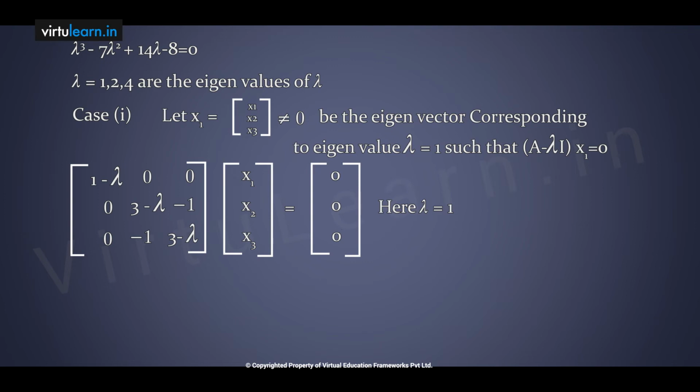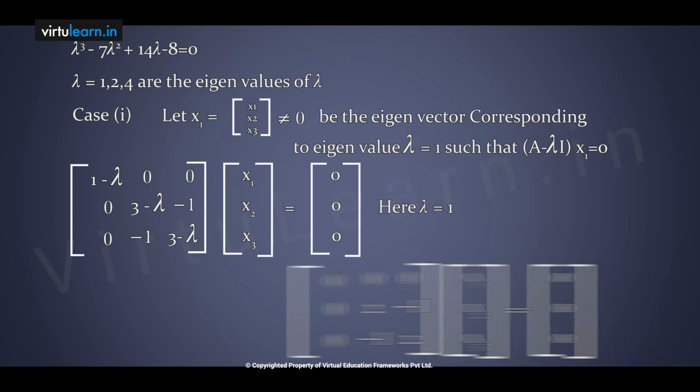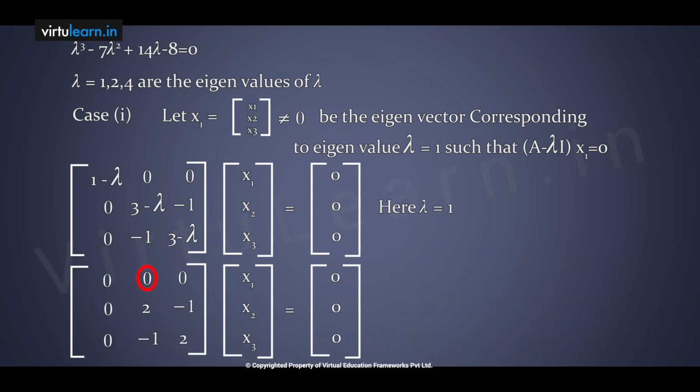Now substituting lambda equal to 1, it becomes 0, 0, 0; 0, 2, minus 1; 0, minus 1, 2, into vector x1, x2, x3 equal to 0, 0, 0. On multiplying these two matrices, we get the equations 2x2 minus x3 equal to 0, minus x2 plus 2x3 equal to 0. On solving, x2 equal to 0, x3 equal to 0.